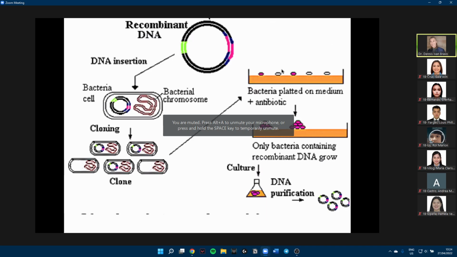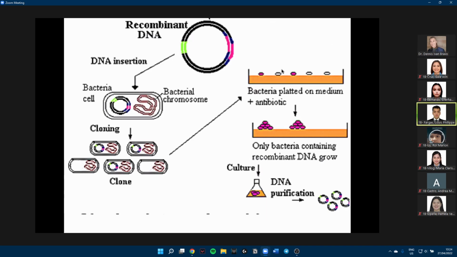No, because they do not have the antibiotic resistance gene. On the other hand, these microorganisms definitely will survive because they do contain the antibiotic resistance gene. So in the end, only the microorganisms that were successfully transformed will survive.